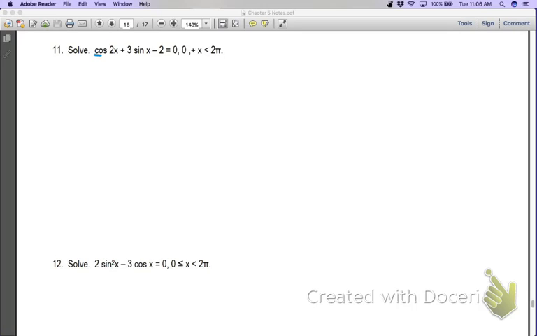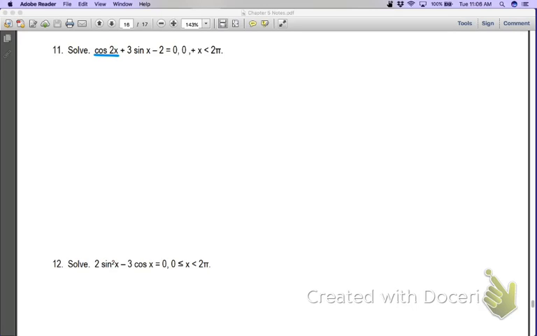So what I'm going to do is take this cosine of 2x, which is really just a double angle. Now, with a double angle, especially of cosine, I have 3 options. I could have cosine squared of x minus sine squared of x.